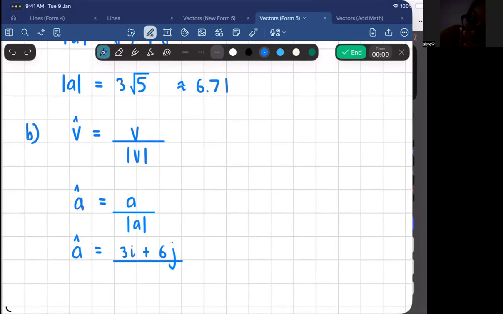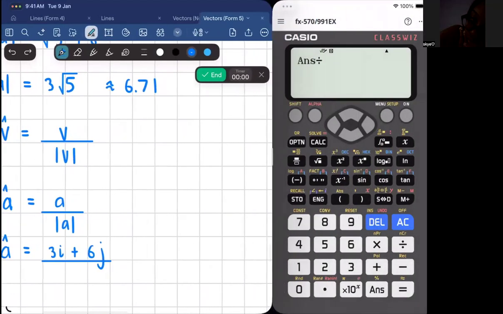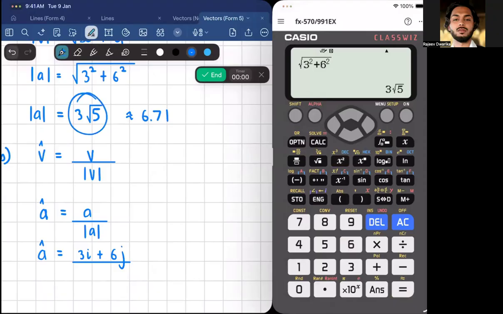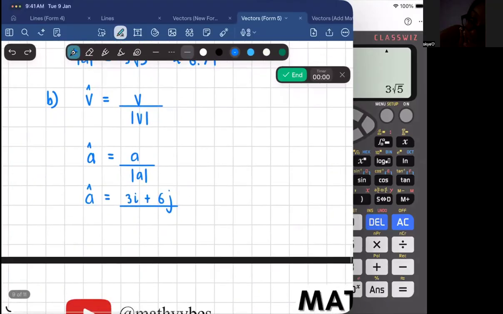If you get into a Casio, you should get that. But then you press the S-D button. This is the exact answer. 3 root 5 is the exact answer. You'll see why I prefer it.